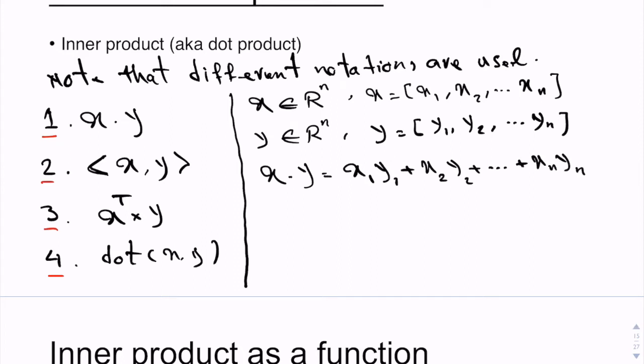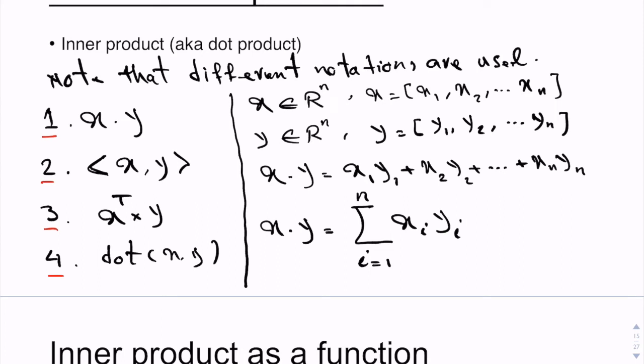Or in a very compact form, which I recommend you understand through this notation, X dot Y is equal to the sum over i equal to 1 to n of Xi Yi. That's another definition of inner product.